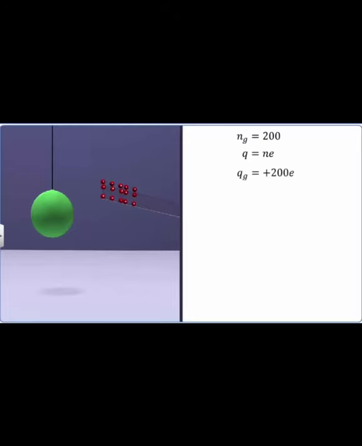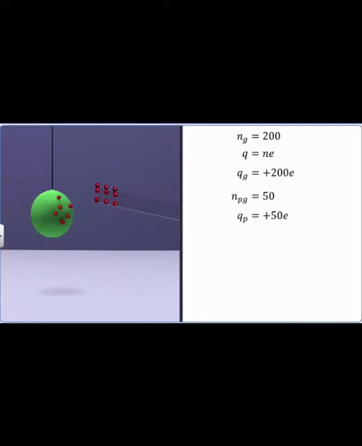Now, when this glass rod was in momentary contact with the pith ball, let us assume that because of the electrostatic attraction, a few electrons, say Npg equal to 50, are transferred from the pith ball to the glass rod. Now, the pith ball has the deficit Np of 50 electrons, which implies that the charge on the pith ball Qp is equal to plus 50e.